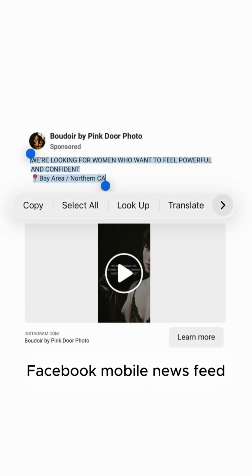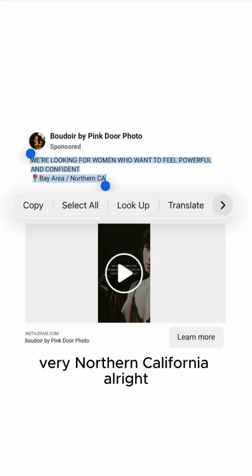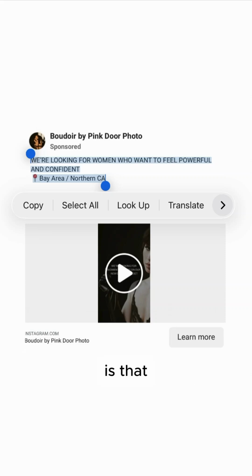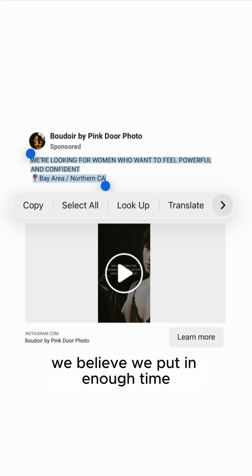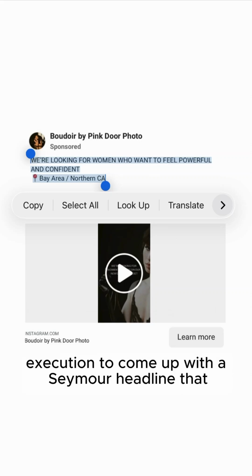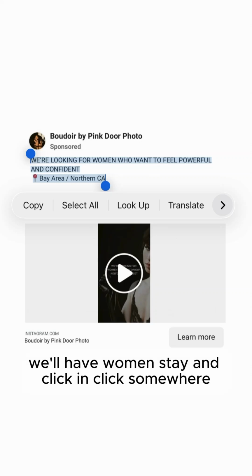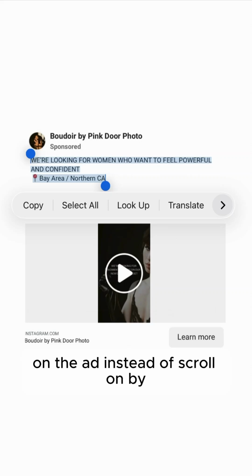Finally, we're going to look at the Boudoir low clicks, or the Seymour, headline here. First 2 3/4 lines, Facebook mobile newsfeed. Looking for women who want to feel powerful and confident. Bay Area, Northern California. All right, so yeah, we got a little bit of context, but still lack of context mistake. The false belief that caused us to make this mistake is that we believe we put in enough time and enough planning and execution to come up with a Seymour headline that will have women stay and click somewhere in the ad instead of scroll on by.